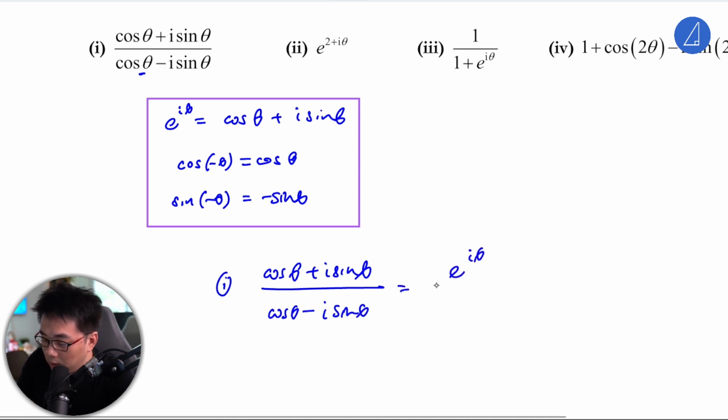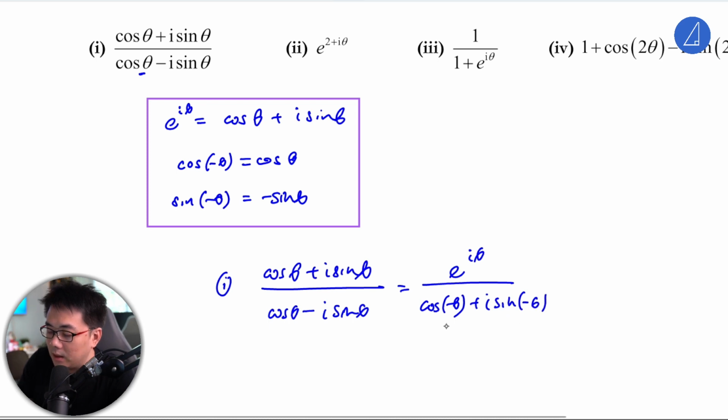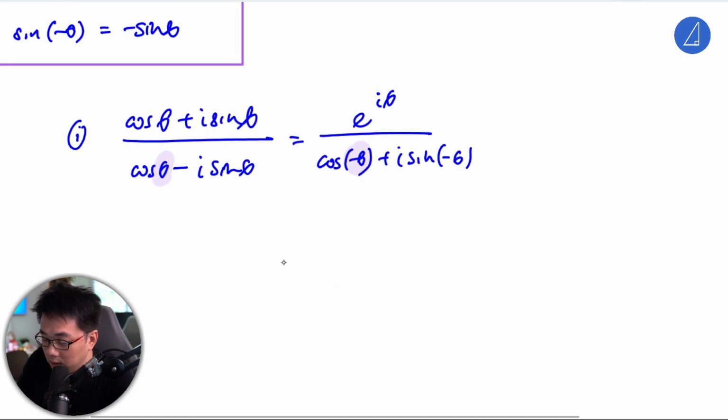So for the one below, what we need to do is absorb the negative in, and because I absorb the negative in for the sine, the angle has to be the same. So in other words, I just introduce a negative for the cosine. Okay, so because cosine, we could just change it. So in this case, this will just be e^(-iθ).